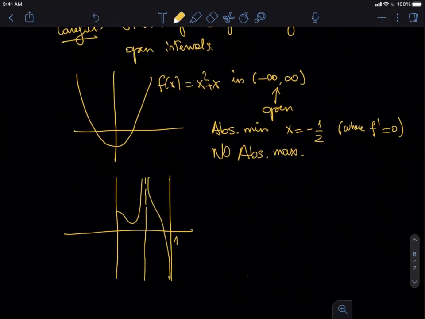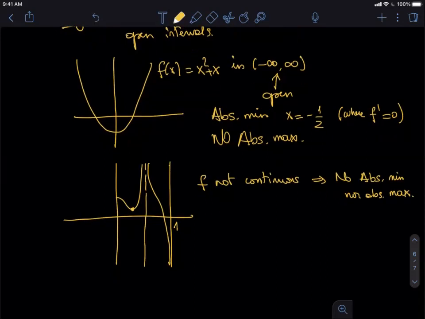We will have a local minimum, but because the function f is not continuous, we will not have an absolute minimum nor an absolute maximum.